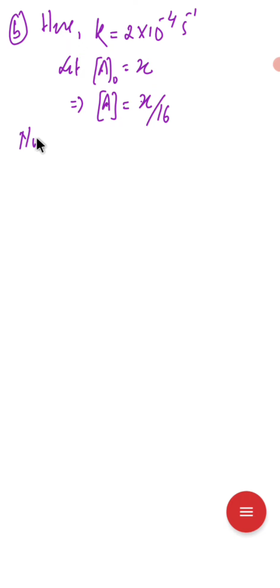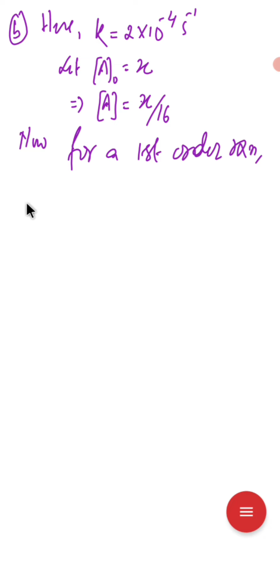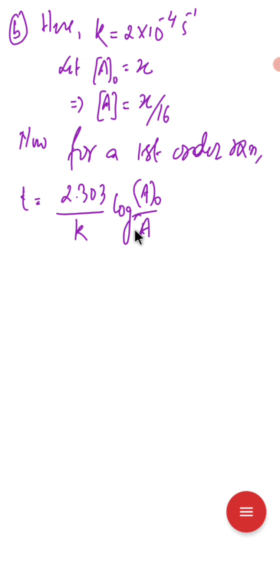Now for a first order reaction, t will be equal to 2.303 divided by k log of a naught by a.